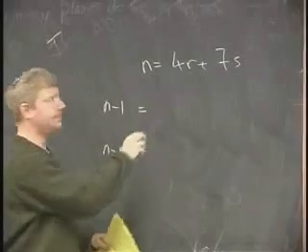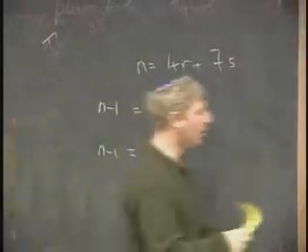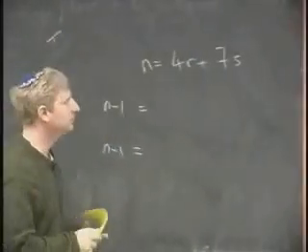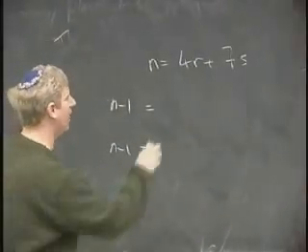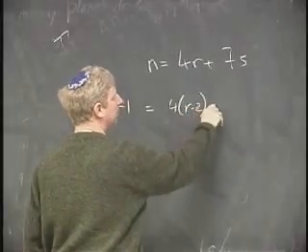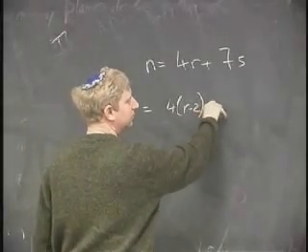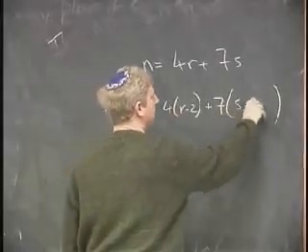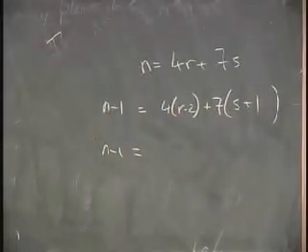Who can tell me what you got? You're going to take away 1 from both sides, so you're going to take away this. You're taking it away, so it's going to be 4 times r minus 2 plus 7 times s plus 1. Everyone agree?